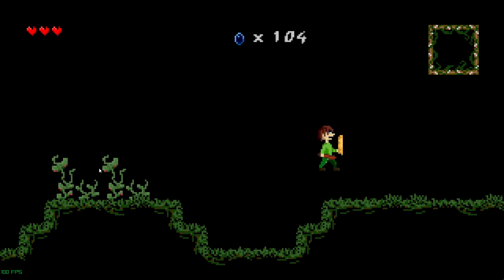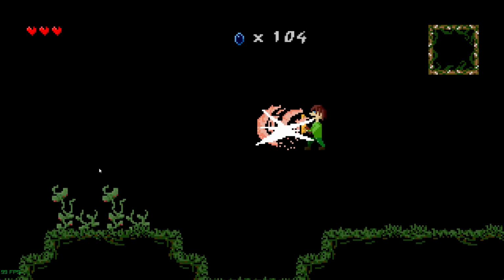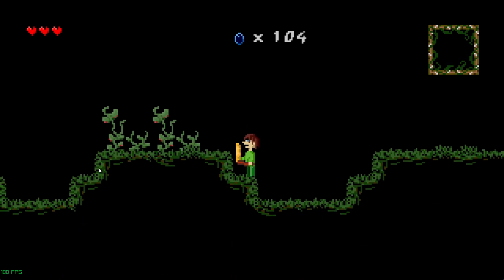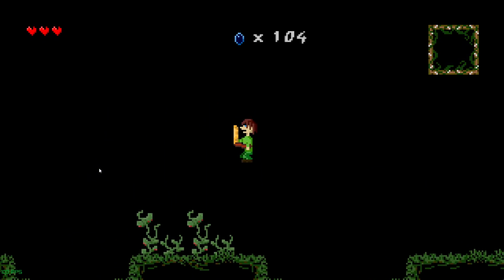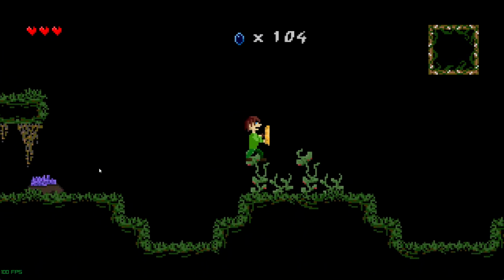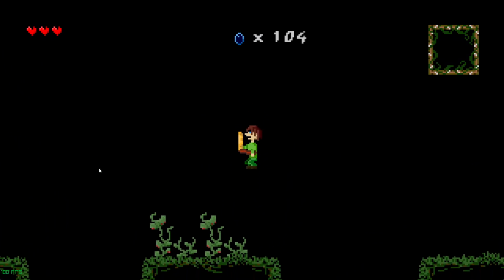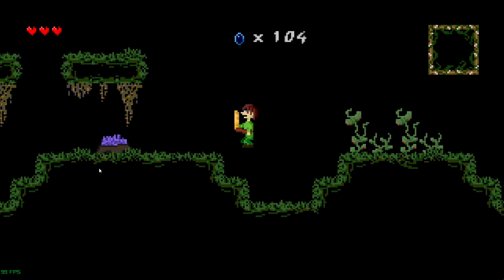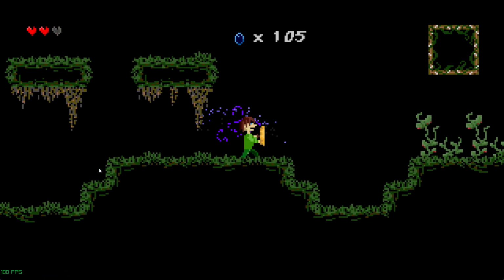Oh, it's because I jumped, maybe? Okay, so if you jump... So if you attack, charge, then jump, you get stuck in that little animation there.